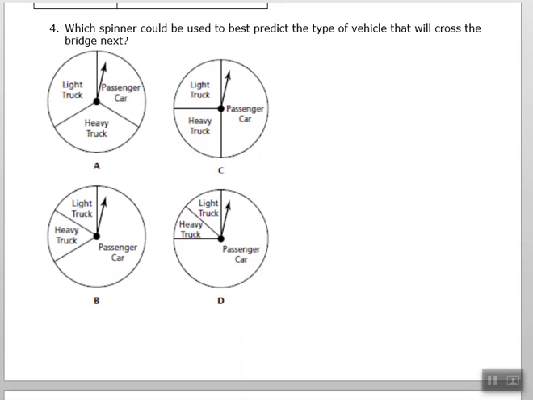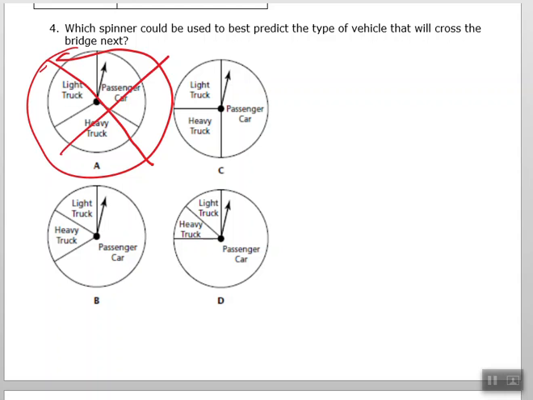Okay, sorry guys. If I choose this one, that would be like saying it's equally likely that I would see a light truck, a passenger car, or a heavy truck. And that's not the case because that is not what was observed. And also, most of the things you see on the road are actually going to be cars. So we know based on the experiment that was done that this spinner is not going to help me.